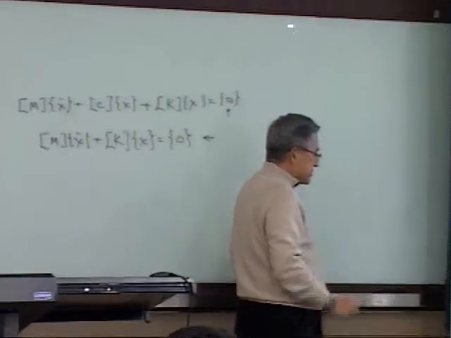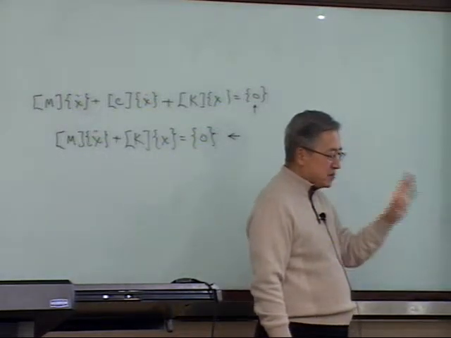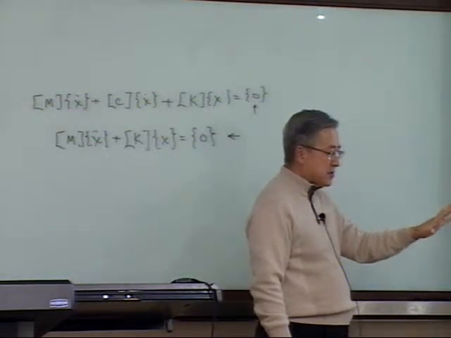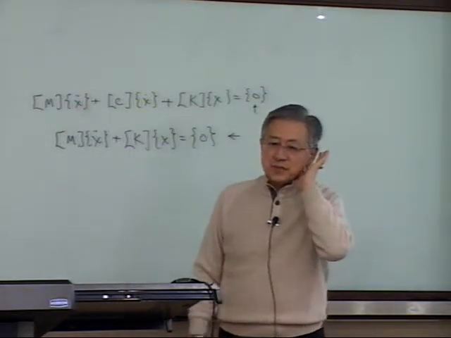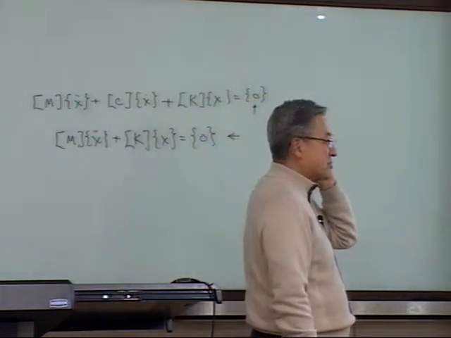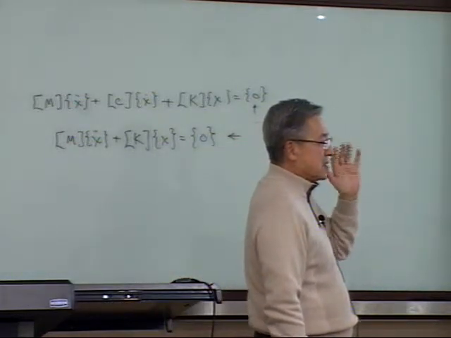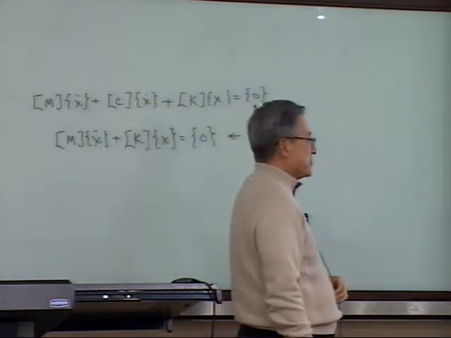And here is a linear transformation. This linear transformation is the process to move the system from physical space into the modal space. Whoever did not have a vibration background may be uncomfortable, but it's very straightforward.